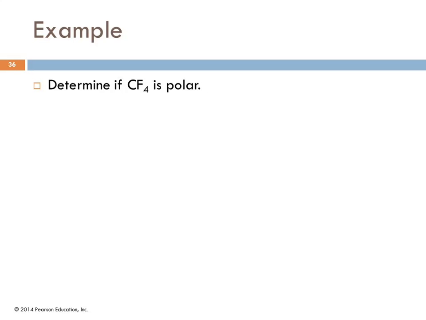Let's determine if CF4 is polar. Well, we have to look at the Lewis structure. So we've got carbon and 4 fluorines.